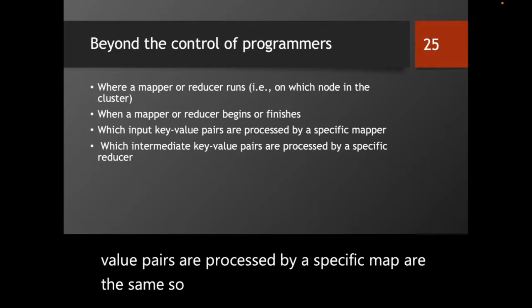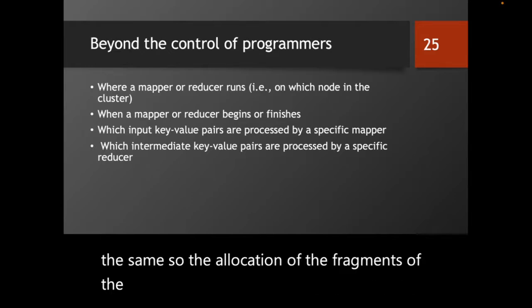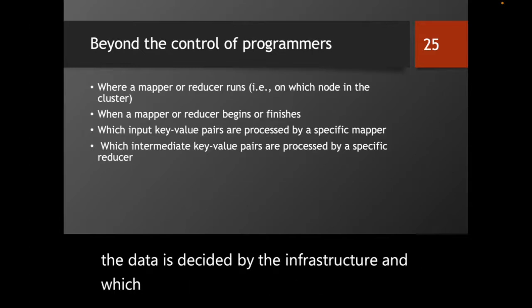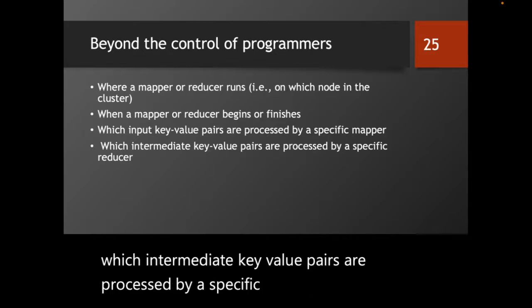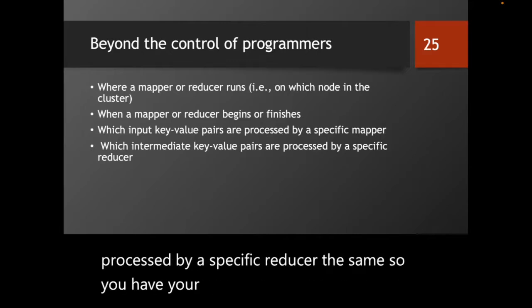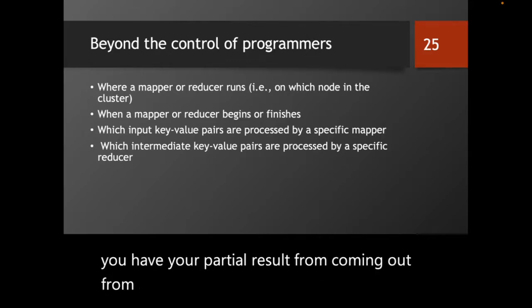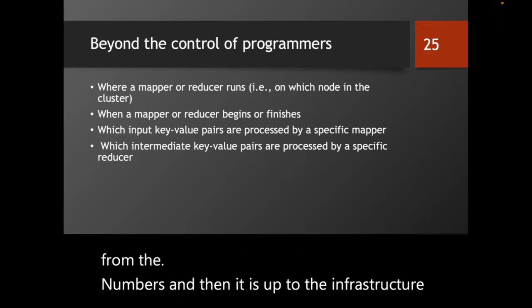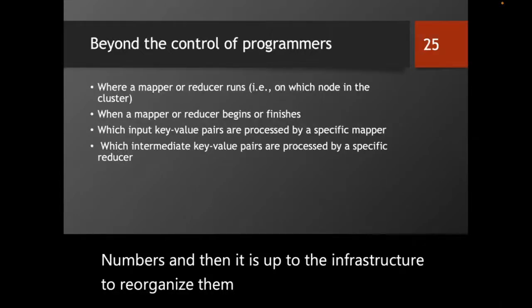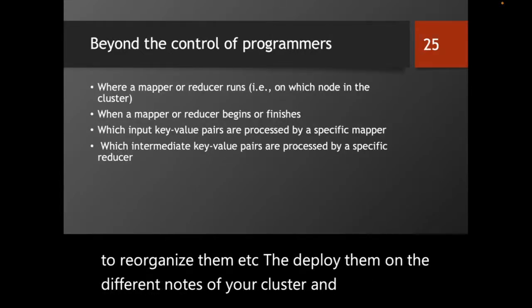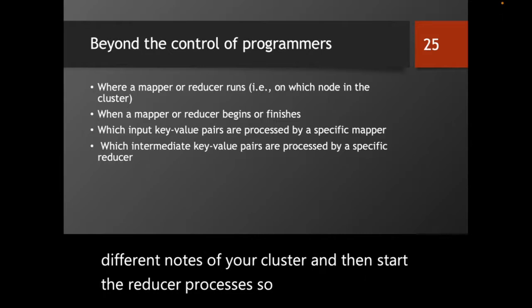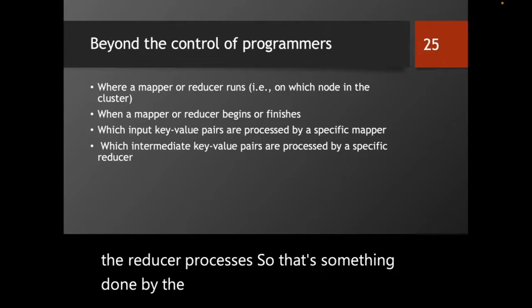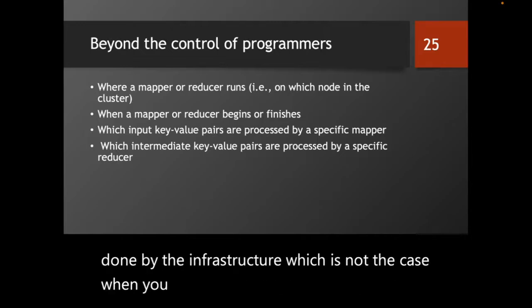So the allocation of the fragments of the data is decided by the infrastructure, and which intermediate key value pairs are processed by a specific reducer, the same. So you have your partial results coming out from the mappers, and then it is up to the infrastructure to reorganize them, deploy them on the different nodes of your cluster, and then start the reducer processes. Okay, so that's something done by the infrastructure, which is not the case when you program in parallel with other solutions.